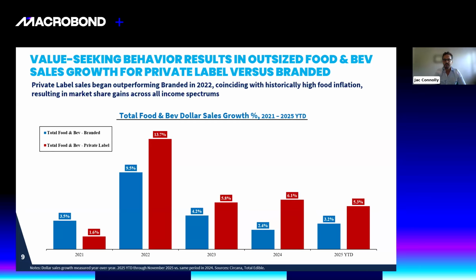And as we can see, private label has been handily outperforming its branded competitors since 2022. 2022 coincides with the historically high food inflation that we experienced, reaching over 13% in August of 2022, and has remained elevated since. And so this has caused consumers to shift to private label to manage the high cost of groceries and other essential items.